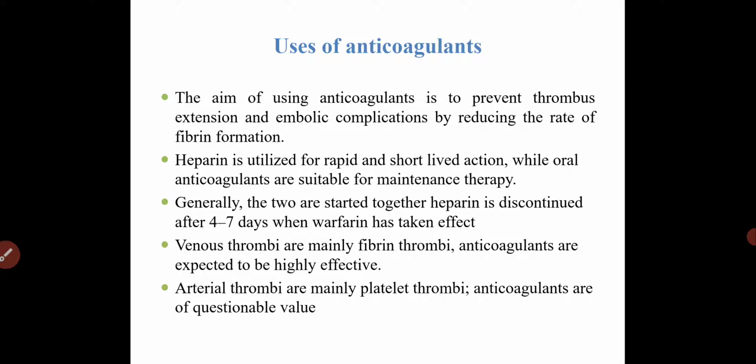So when we talk about the anticoagulant and need immediate action, we start with heparin because it has rapid and short-lived action. And when we need maintenance therapy, we shift towards warfarin or another oral anticoagulant drug.